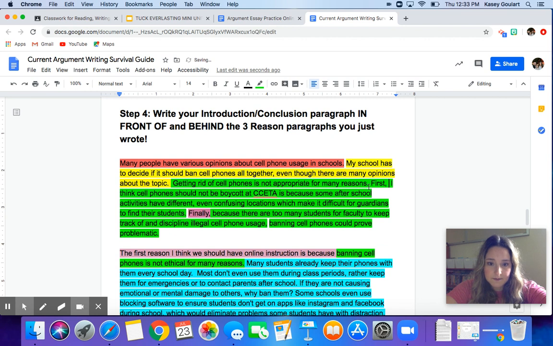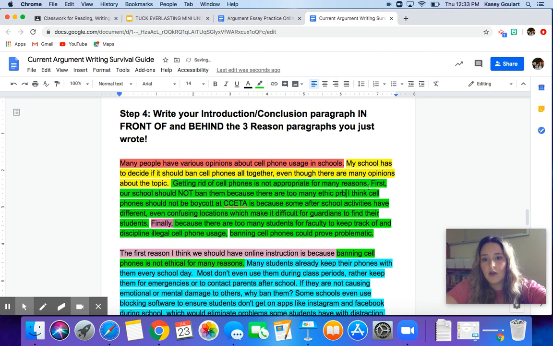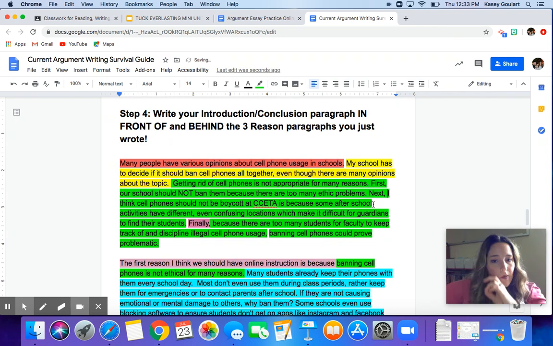First, comma, our school should not ban them because there are too many ethical problems, period. Next, adding a different transition that I erased previously.